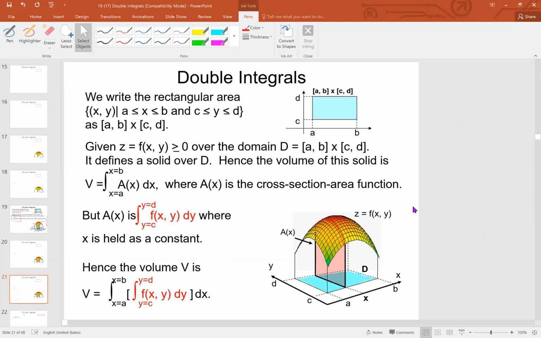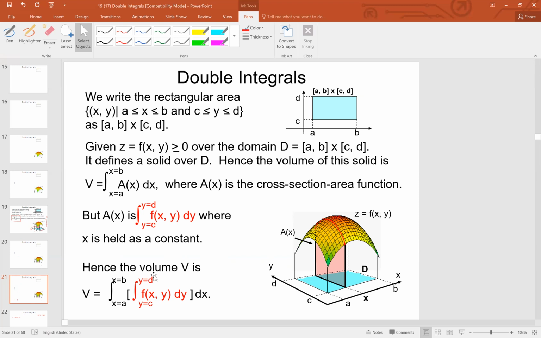So I can put the formula for the cross-sectional area A of x into this double integral form. We call this the iterated integral.